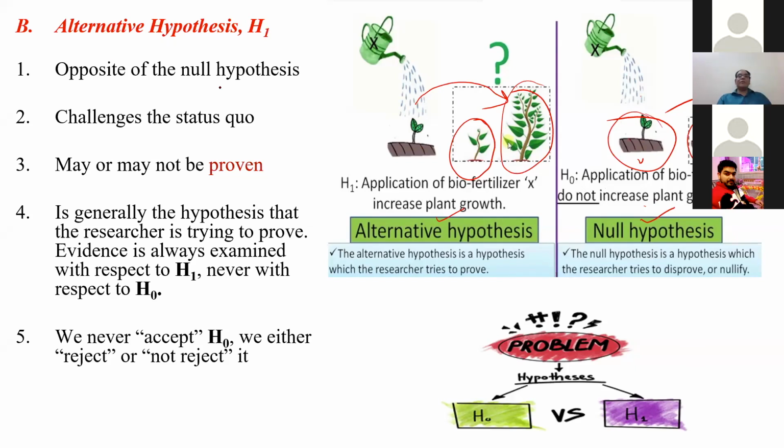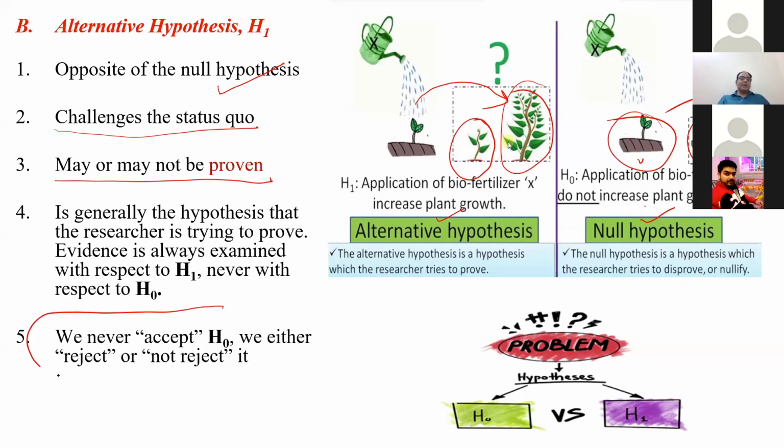The alternate hypothesis challenges the status quo and it may or may not be proven. It is generally the hypothesis that the researcher is trying to prove. So when a researcher starts with the null hypothesis, the objective should be to reject it rather than to accept it.